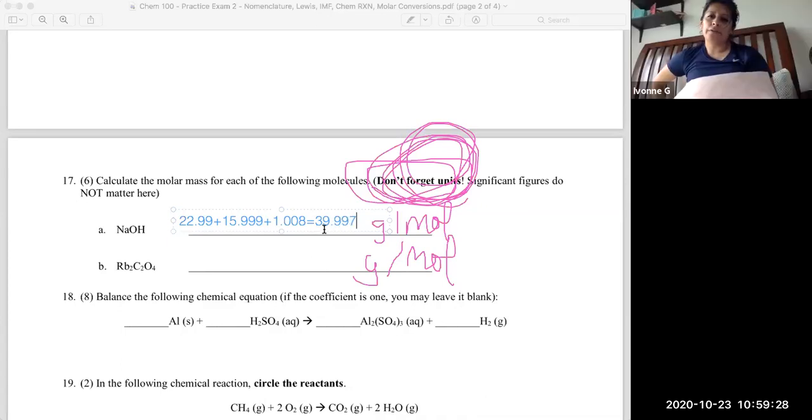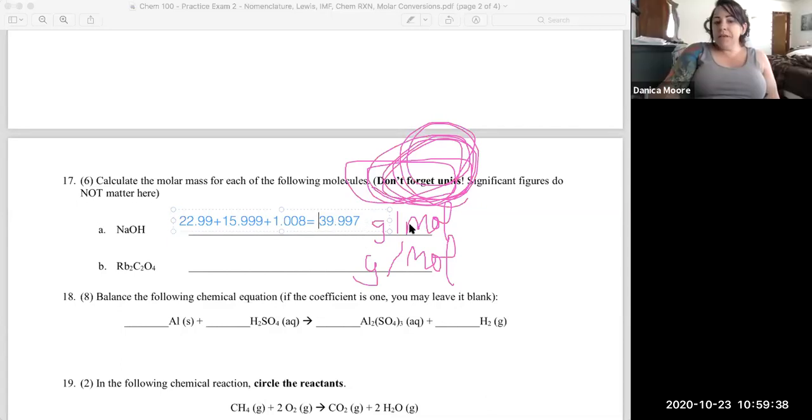Are you able to round it? Say I got that, but then I rounded it to 40, will that still be okay, or does it have to be the exact number you got? It doesn't have to be exact, but based on my personal laziness, when I make the exam keys, I'm not going to put in every rounding permutation you could possibly get.